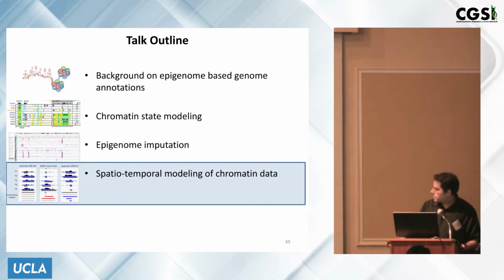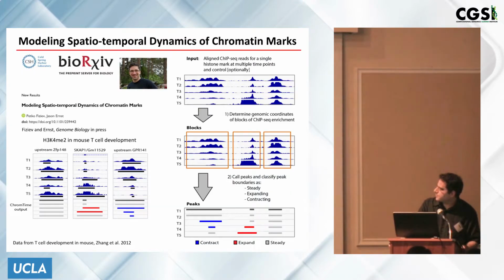And then in the remaining time, I'd like to talk about a new method that we've developed. This was led by my student, Pete, for modeling spatial-temporal dynamics. One of the aspects of a lot of the epigenomic data that I've been mentioning is it's very dynamic. So oftentimes people study some biological process where they'll do a time series of these experiments.